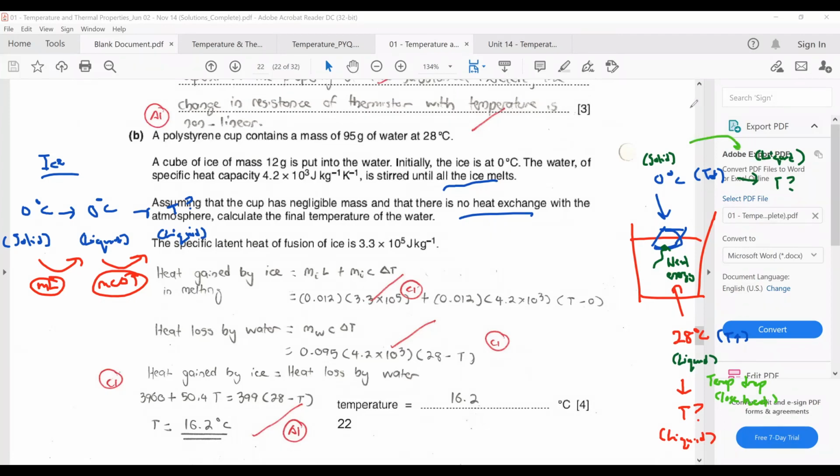This one is temperature rise because you gain heat. So here, because your temperature is dropping, this is larger than this, so take 28 minus T, right? Alright, so you get your answer as 16.2.